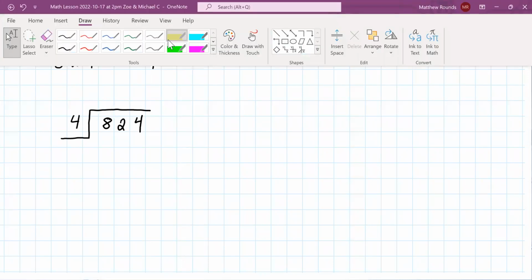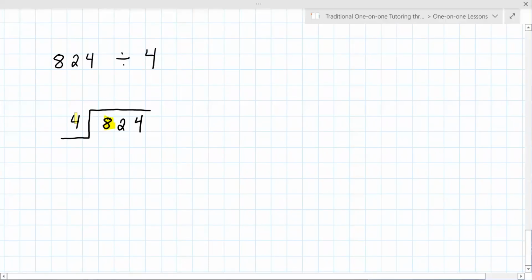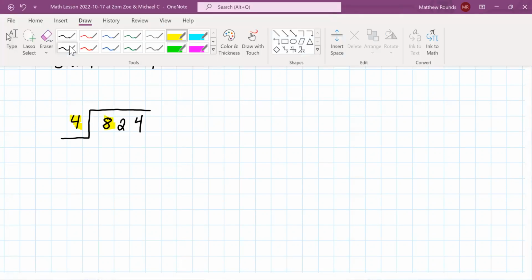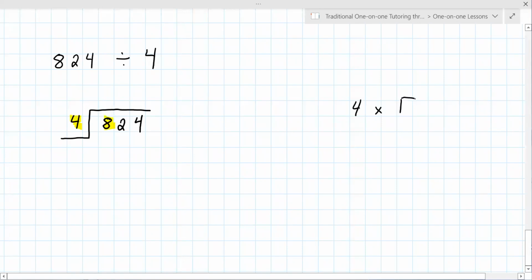You start with the very first number here and you ask yourself, how many times does 4 go into 8? Again, it's 4 times what number equals 8? Two. So you put the 2 up above here. What is 2 times 4? Eight. So you write the 8 below and then you subtract. 8 minus 8 is 0 because it goes in perfectly.